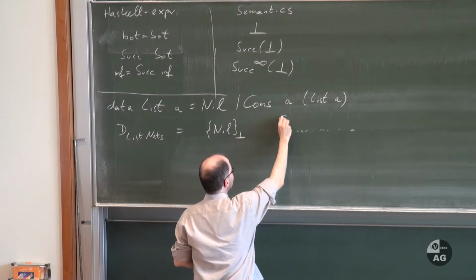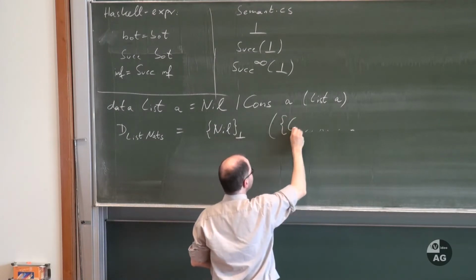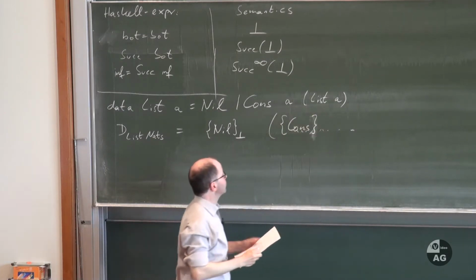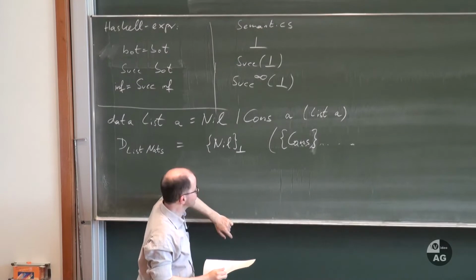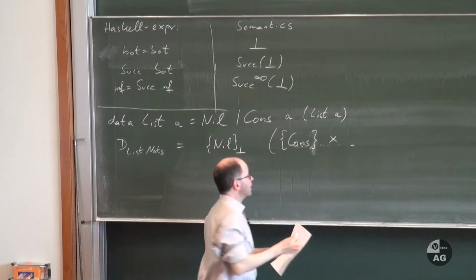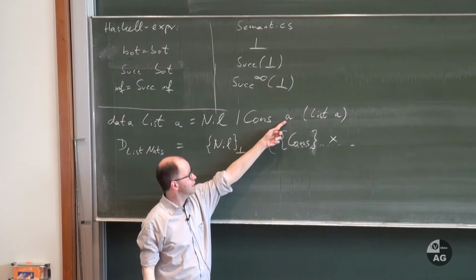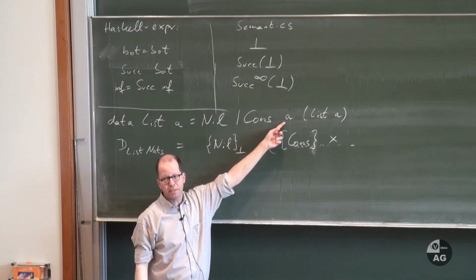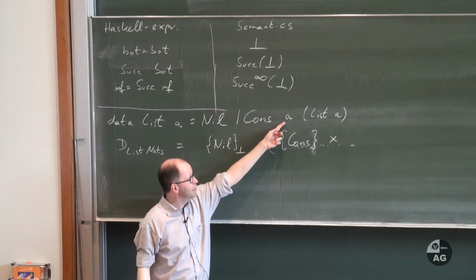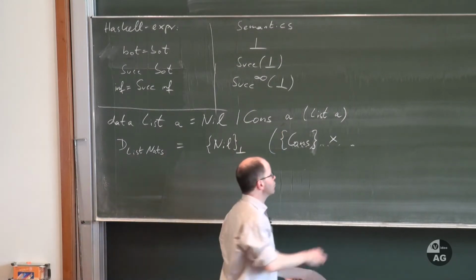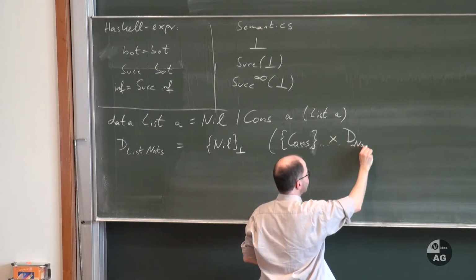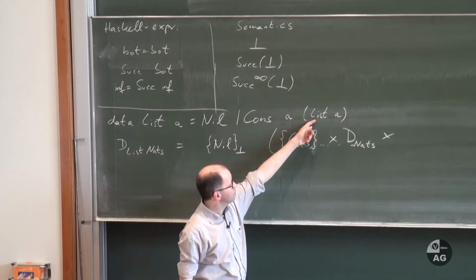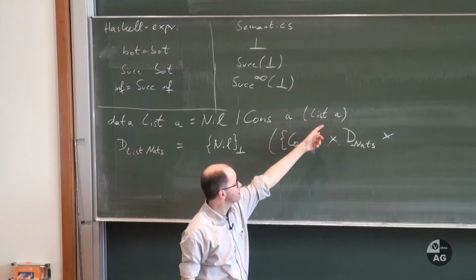And what about elements that start with cons? Well, here we take three-tuples, where the first component is the name of this data constructor, so the name of cons. The second component would be the semantics of this, and in the case where we have list nuts, this would be an expression of type nuts, and so its meaning comes from the domain for nuts, so it would come from D nuts. And the last element would come from the domain for list nuts.